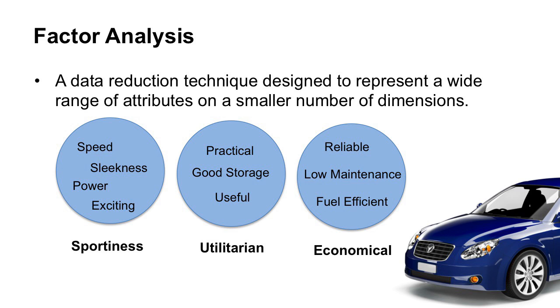For example, consider the attributes of a car such as speed, sleekness, power, exciting, practical, good storage, useful, reliable, low maintenance, and fuel efficient. It's possible that all of these attributes might only be represented on three different underlying dimensions in the mind of the consumer: sportiness, utilitarian, and economical.